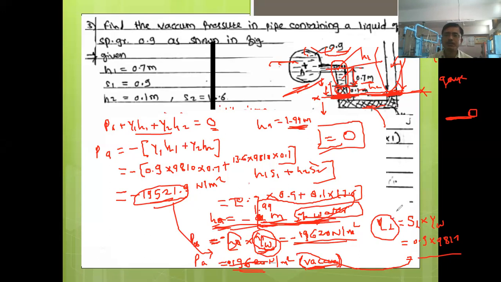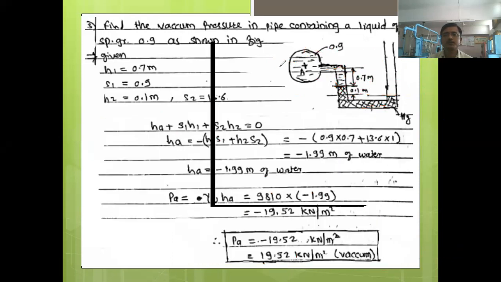You should keep in mind. Otherwise, there are chances that you may lose the marks in the examination, even though you know all the steps how to solve the problem. If you make the blunder here while solving the problem, then definitely you will not get the full mark for this kind of problem. So see here, you have got the same answer. The answer is written in kilonewton.